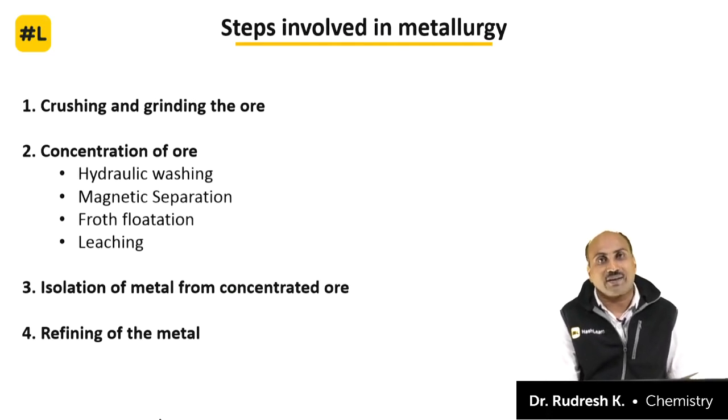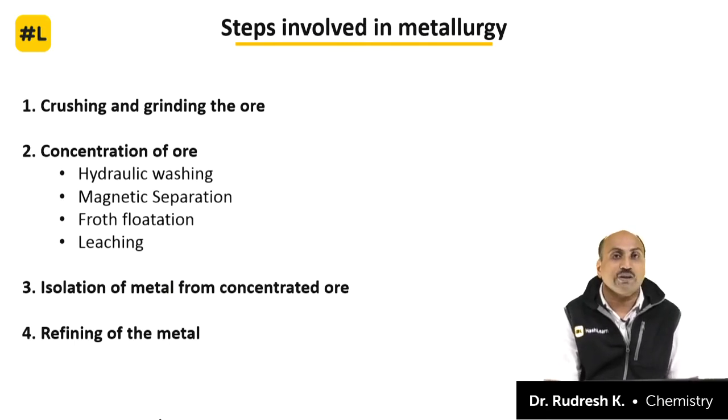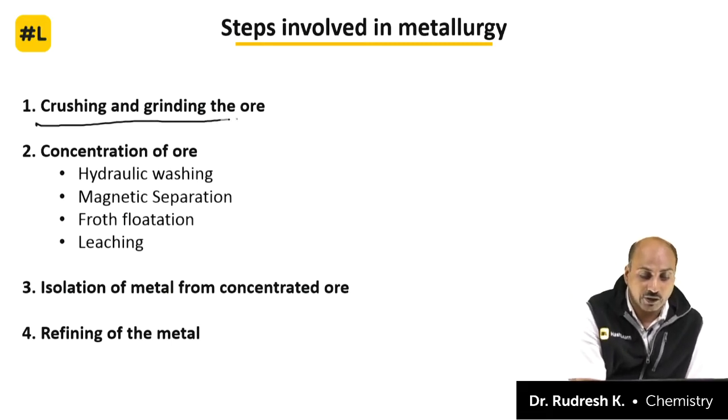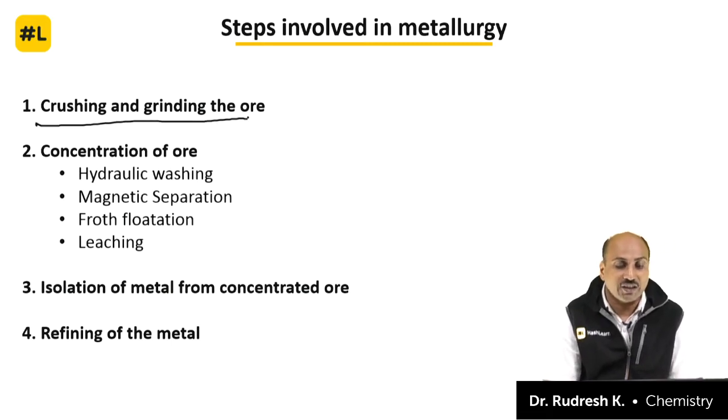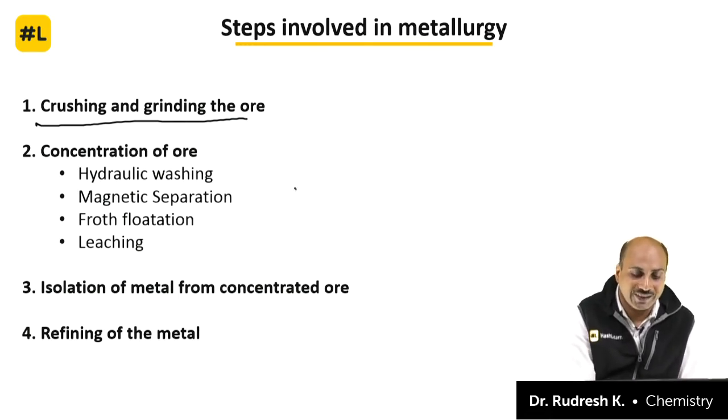Now, in order to extract these metals from the respective ores or minerals, it is not done directly by magic, like a Harry Potter stick. It has to go through certain techniques. So the first process involves crushing and grinding of the ore, because you get the majority of minerals or ores in the form of lumps called nuggets.